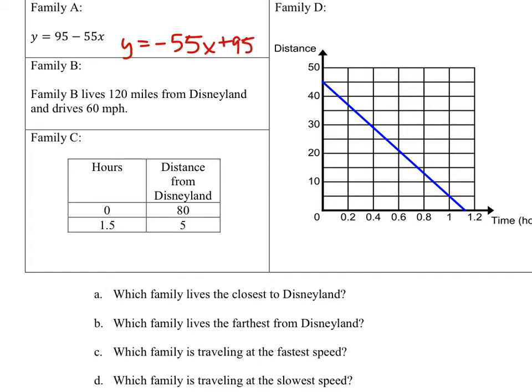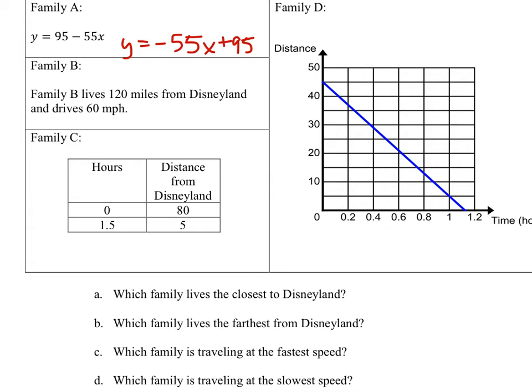So looking at that equation and knowing what we know about equations, how far away does family A live from Disneyland? Yeah, 95 miles. Very good. And how fast are they traveling? 55 miles per hour. We'll need to remember that.